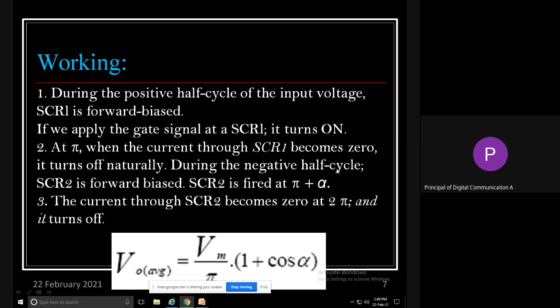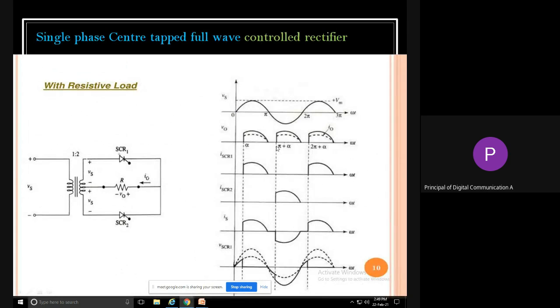During the negative half cycle, because after the positive half cycle the negative half cycle starts, SCR2 now becomes forward biased, and SCR2 is fired at pi plus alpha. Alpha is the fixed angle or fixed time after which we give gate pulses to both SCR1 as well as SCR2.